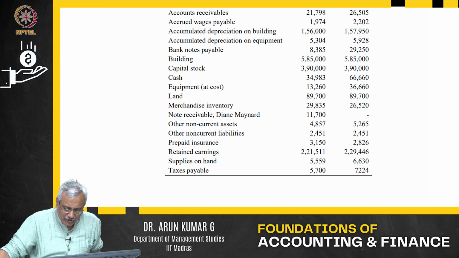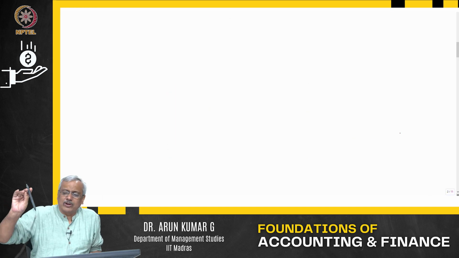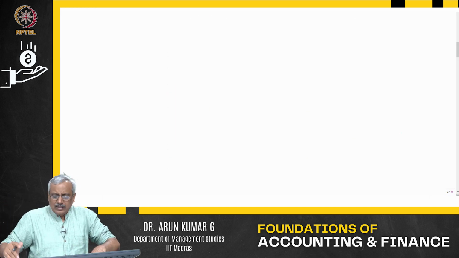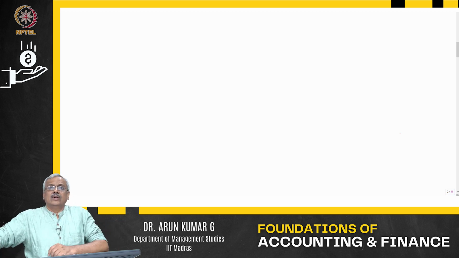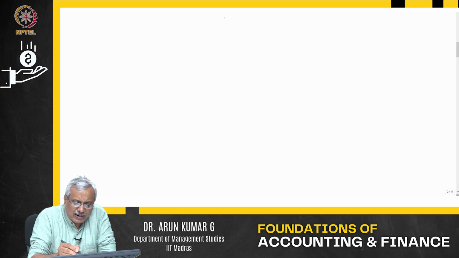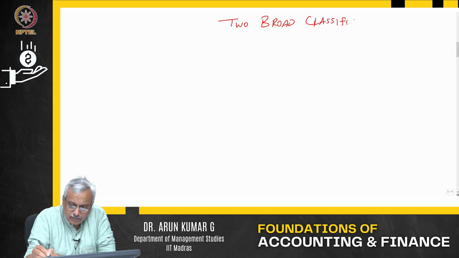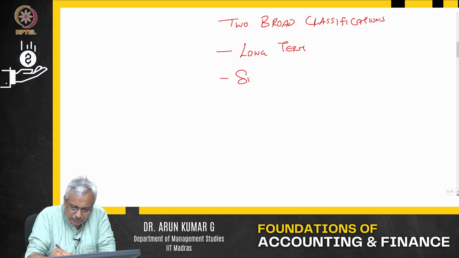But before we get into it, I am going to talk about one more aspect of it. Normally, when we talk about assets or liabilities, we have two broad classifications. Normally, the classifications are long term or short term.